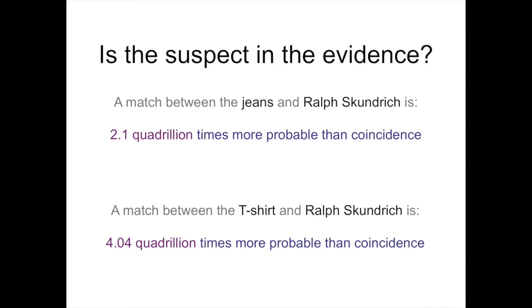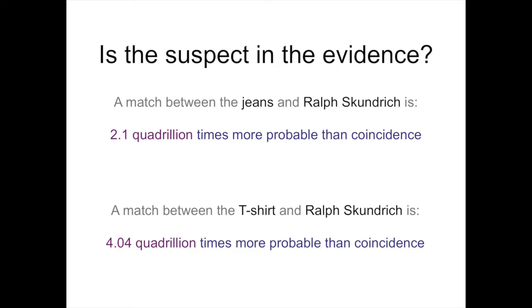A similar calculation was done on the T-shirt, same method, separating out the genotypes, making comparisons to Ralph Skundrich's genotype, working out the stats at each locus, multiplying together, and the statistic for the T-shirt was 4 quadrillion.